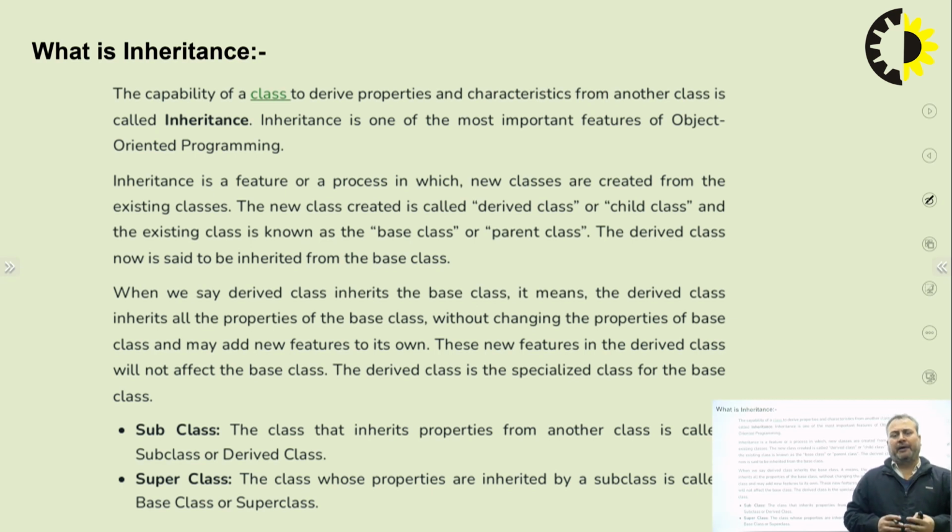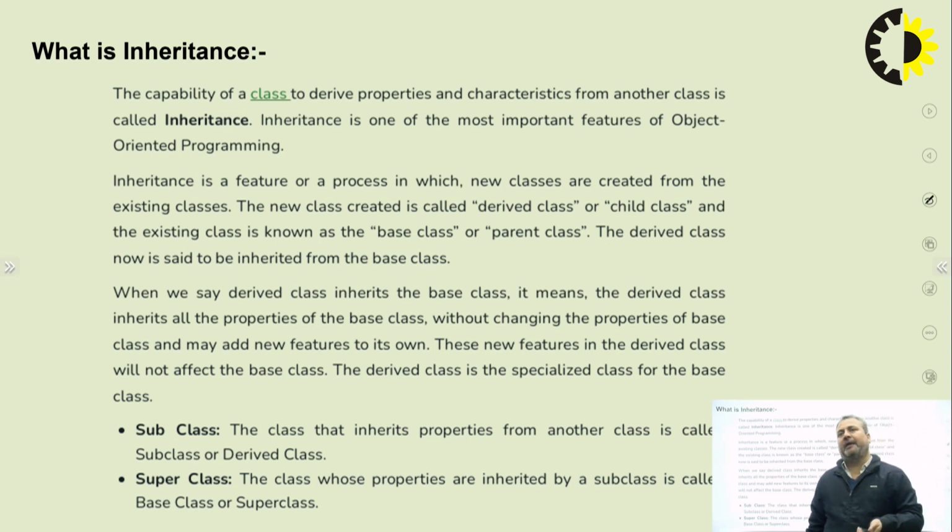Suppose in object-oriented programming, we consider so many objects, or we create different classes, okay. So if tomorrow something new comes, what we do is we can just create a new class, and that new class will inherit the previous classes.